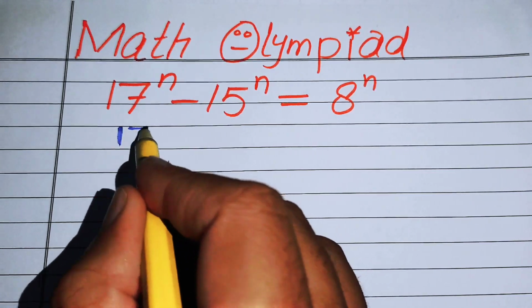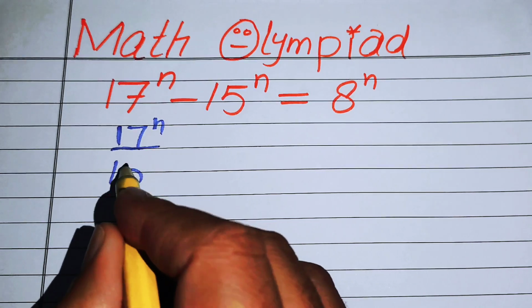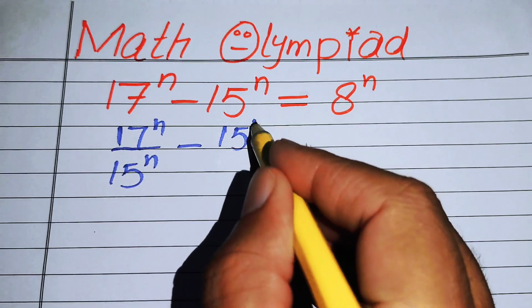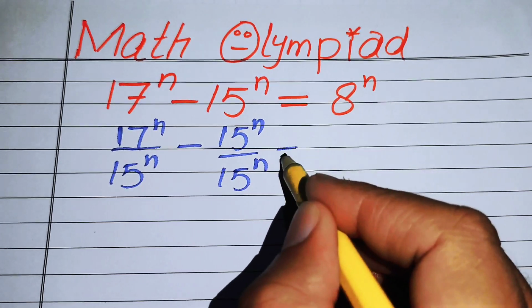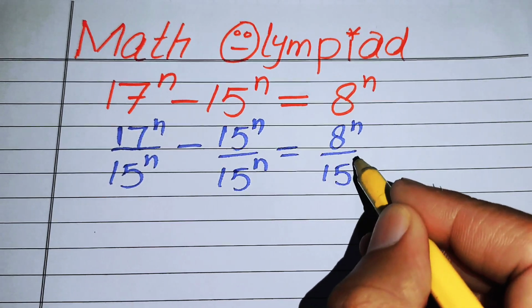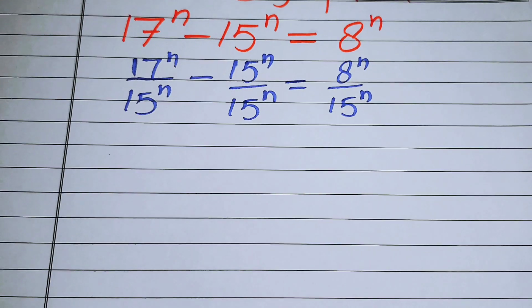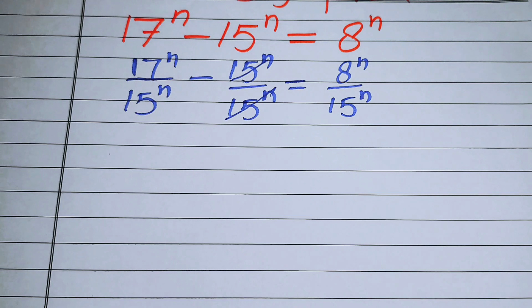So this expression becomes 17 to the power of n over 15 to the power of n, minus 15 to the power of n over 15 to the power of n, equals 8 to the power of n over 15 to the power of n. In the next step we will make some simplifications, and you see that these terms cancel each other.